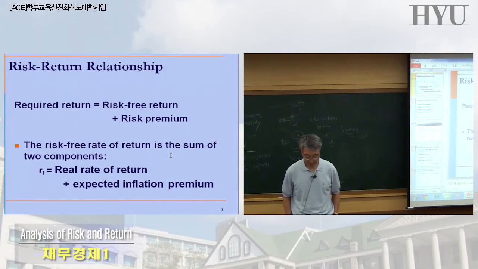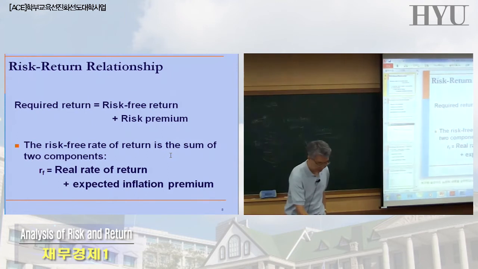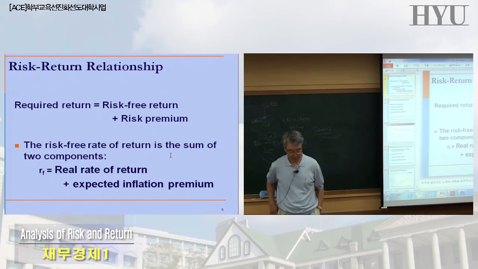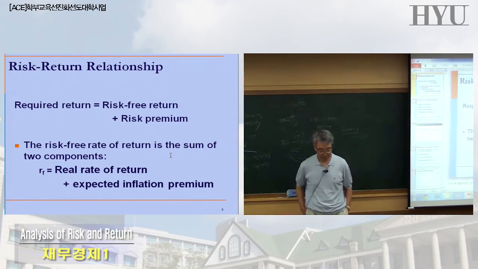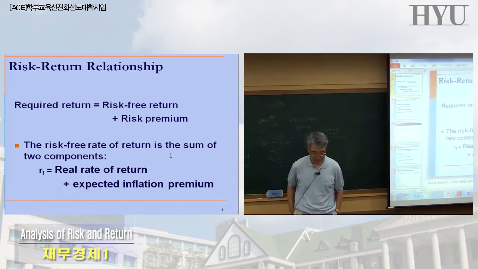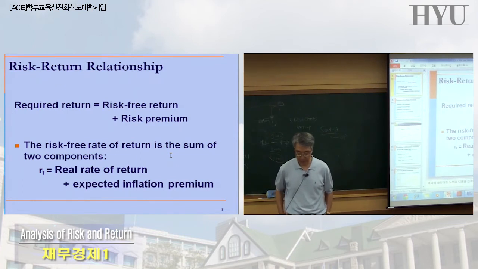Here we're getting a little bit of technical stuff about the risk premium. The required return that people require for a risky project has a few different components. Basically, you can separate between the risk-free return plus the risk premium.